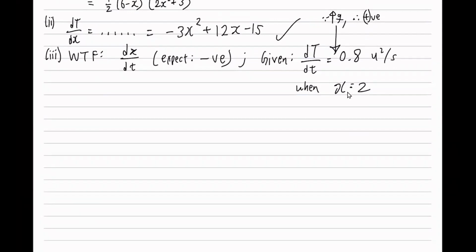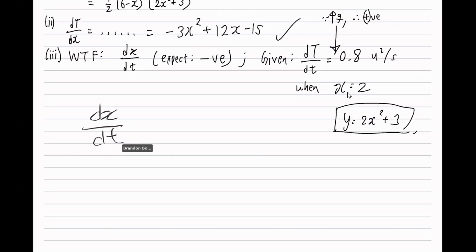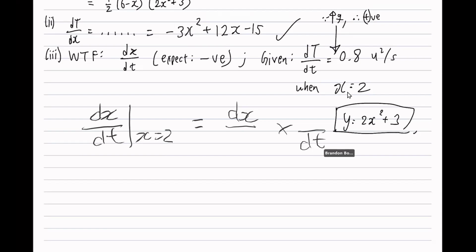Oh yeah, by the way, y equals 2x squared plus 3 was the equation. So what do we do? dx over dt, you like to do this over this, then this is given, then this is 1 over dt over dx.